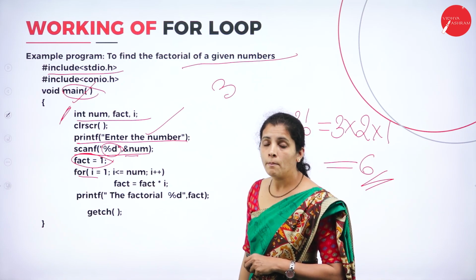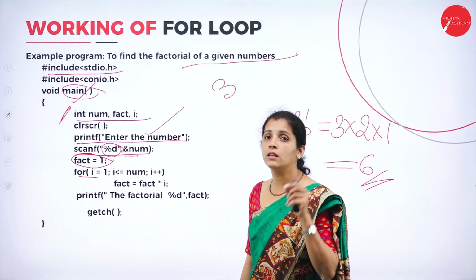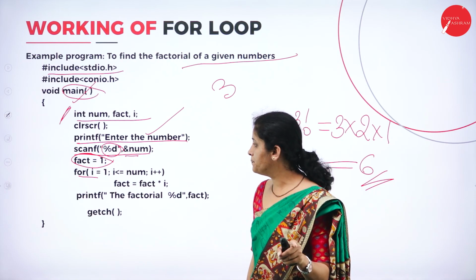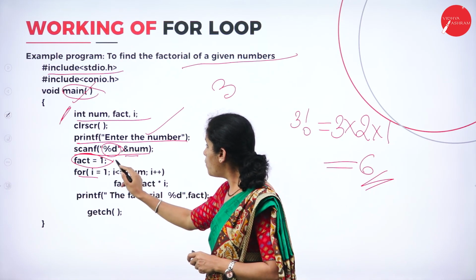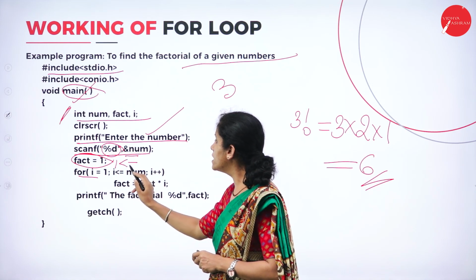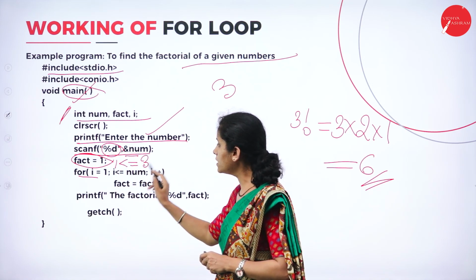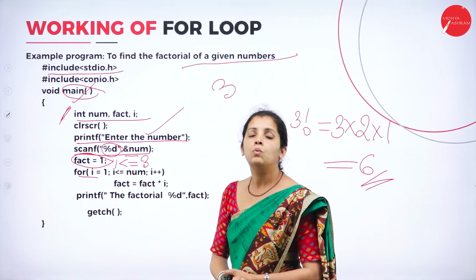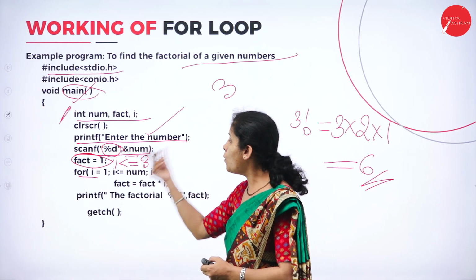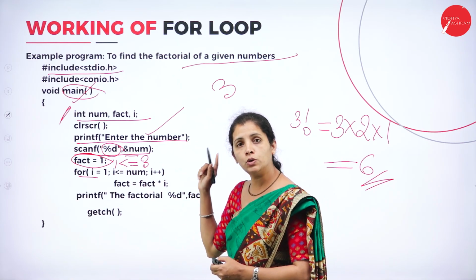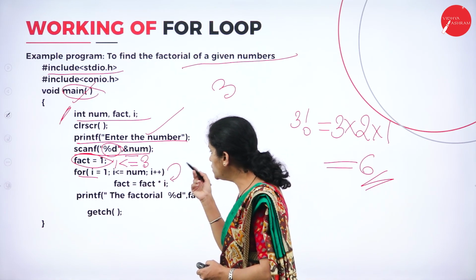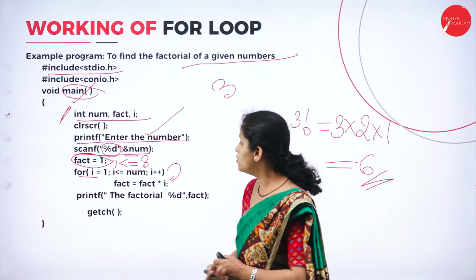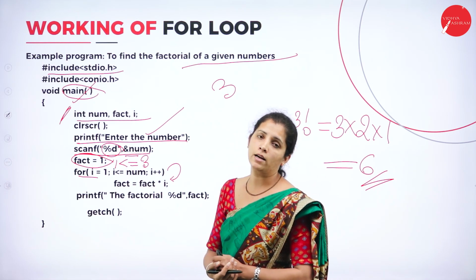So now my end value, number, equals 3. Now I is 1, 1 less than or equal to 3. What is the condition here? 1 less than or equal to 3. So it is true. So control enters into this for loop, and it's going to perform the factorial.